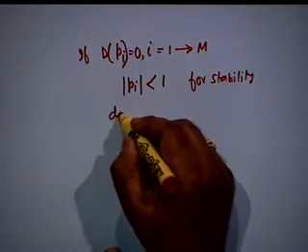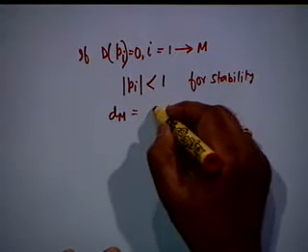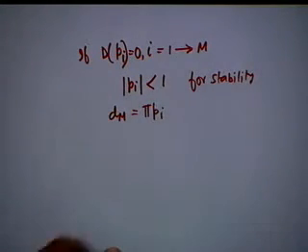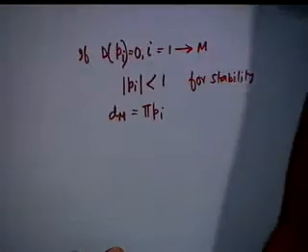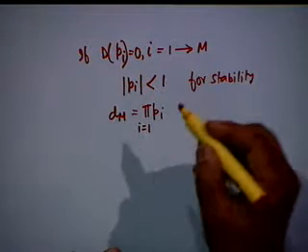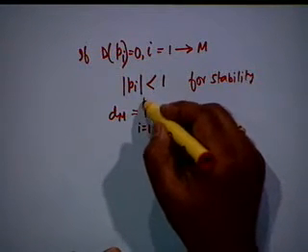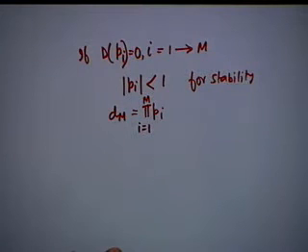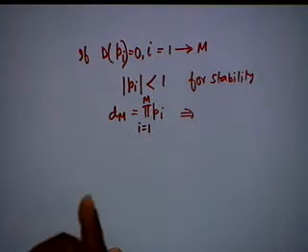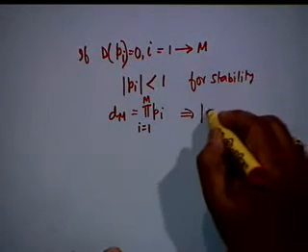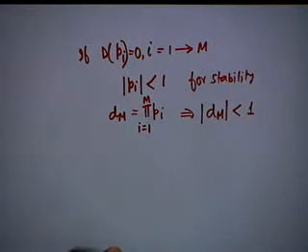Which means that dm, what is dm? dm is the product of the roots, the constant term, the coefficient of z to the minus m. Is the point clear? This term must be the product of the roots. So dm, which is equal to the continued product of p_i, i equal to 1 to m, must be constrained for stability: since magnitude p_i is less than 1 for all i, therefore magnitude dm should be less than 1.